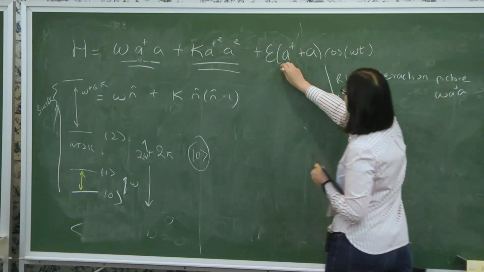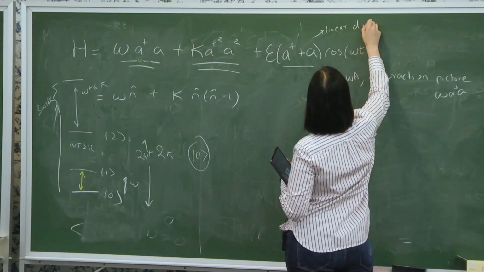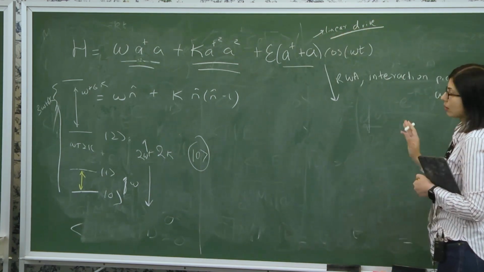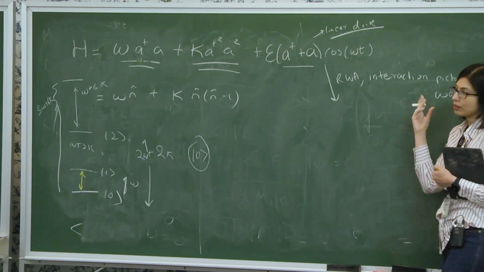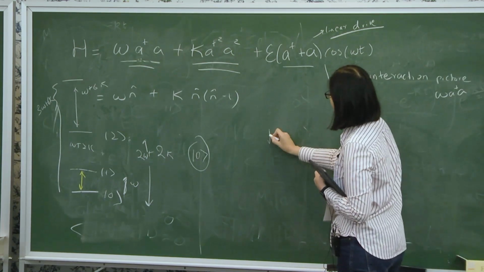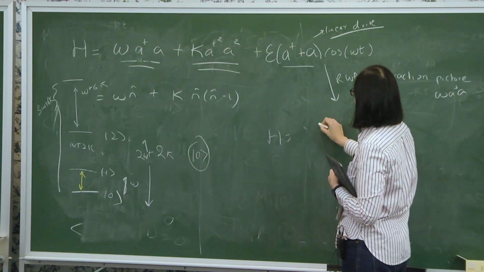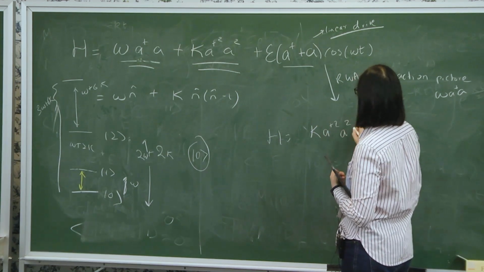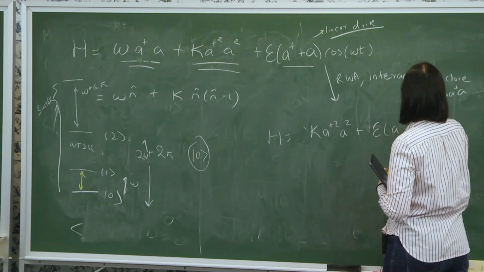Okay, importantly, this is just a simple linear drive. So once I make the rotating wave approximation, and I work in the interaction picture, my Hamiltonian, removing all the tildes, is basically Kerr a dagger squared a squared plus epsilon (a dagger plus a).